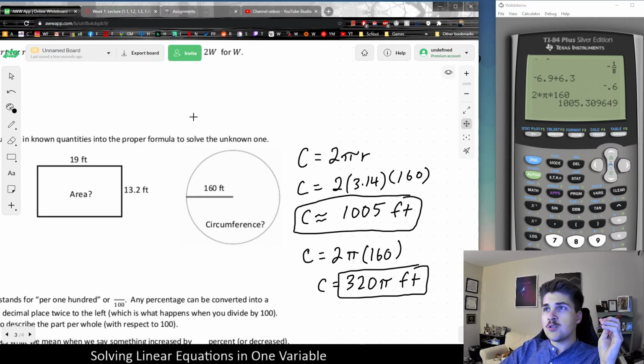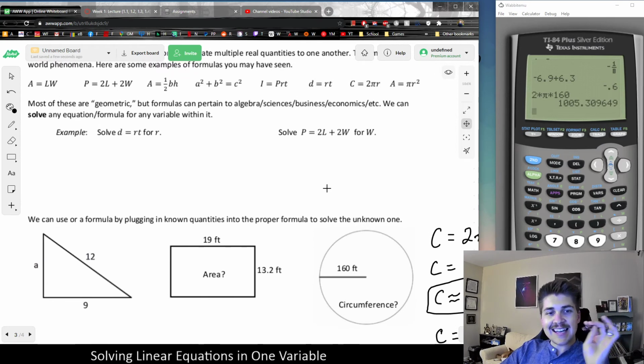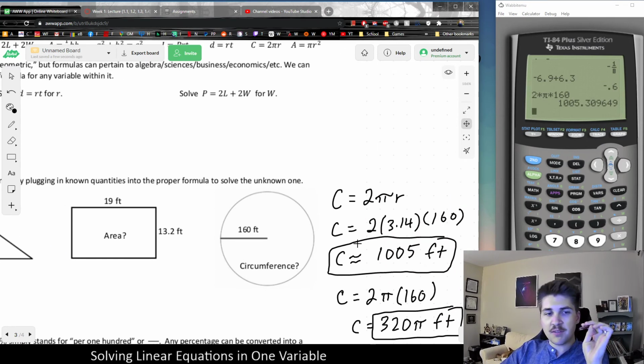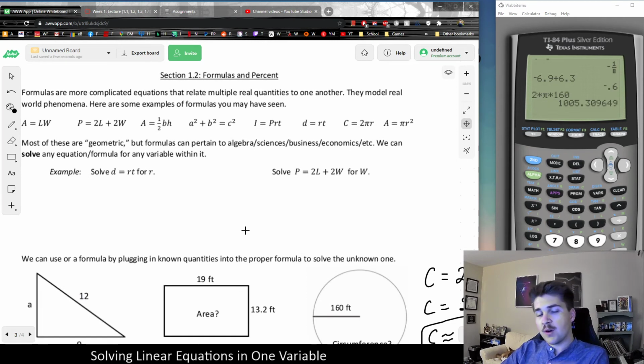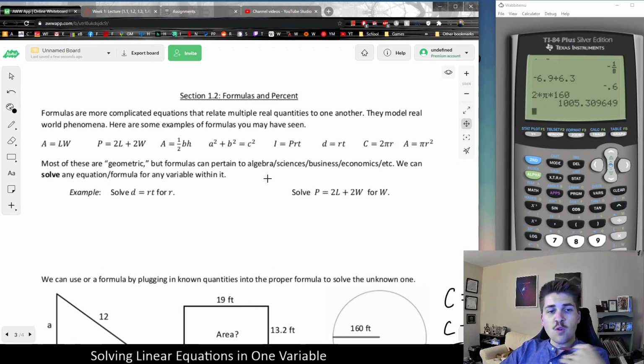But going back to formulas, the last thing that's important about formulas, this would be an example of using a formula to solve something. Sometimes you can solve a formula for a different variable. Most formulas are solved for a particular variable for a particular reason. For example, we often refer to the formula up here as the circumference formula because it's solved for C, the circumference of the circle.